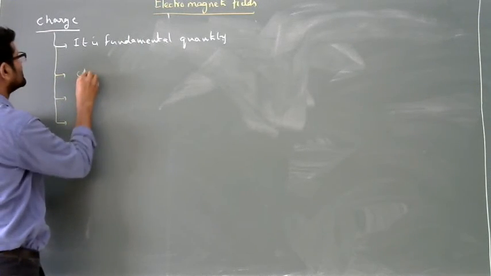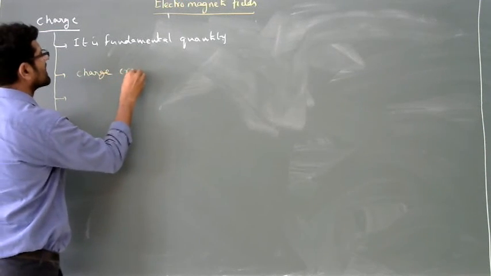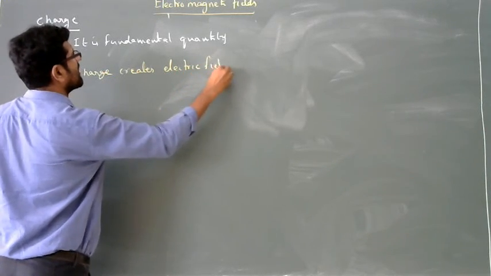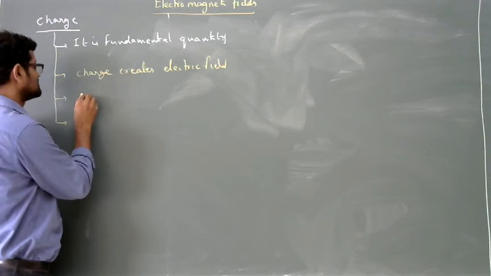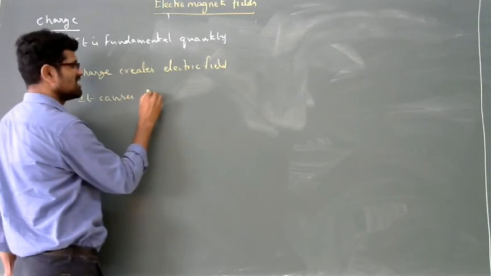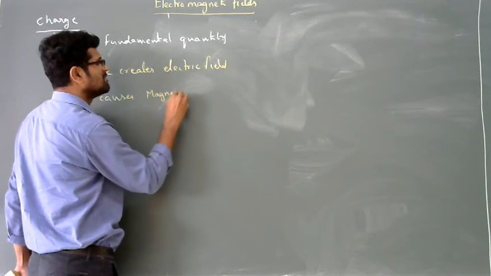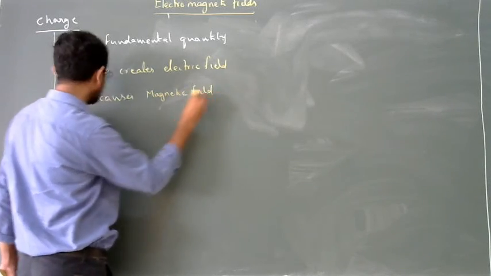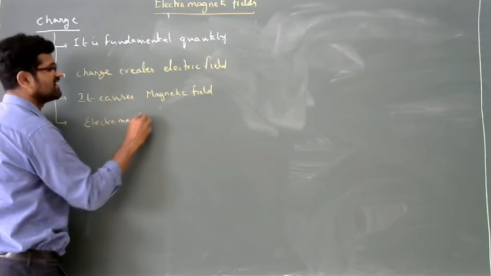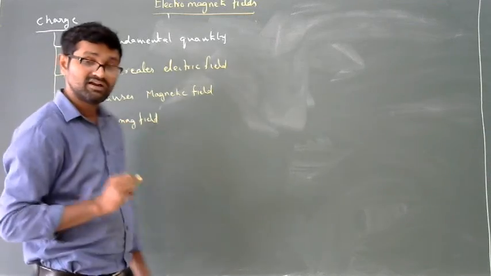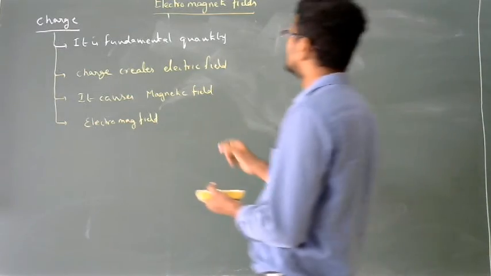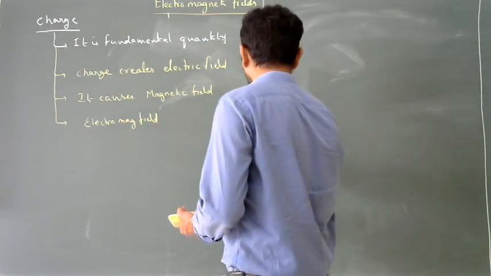Charge creates electric field, charge can cause magnetic field, and charge can cause electromagnetic field. I can explain this with three cases.